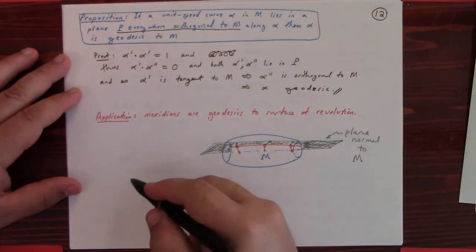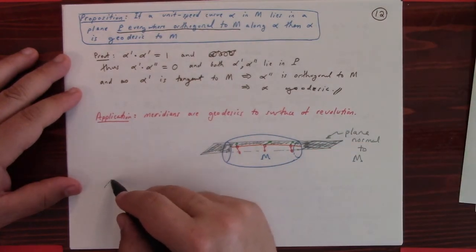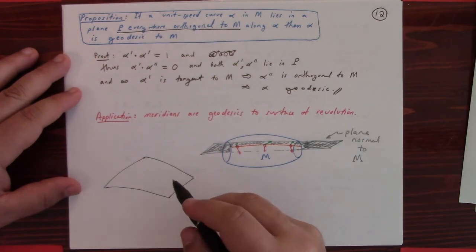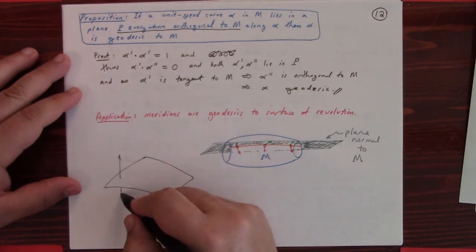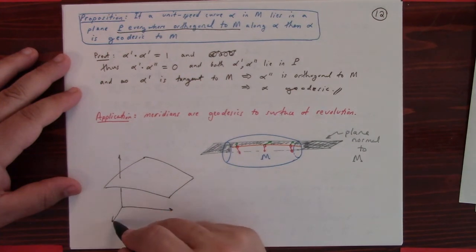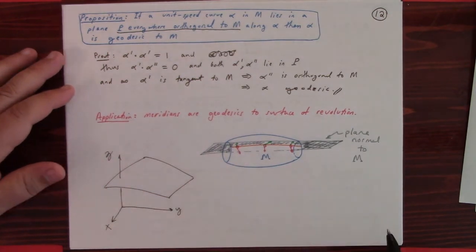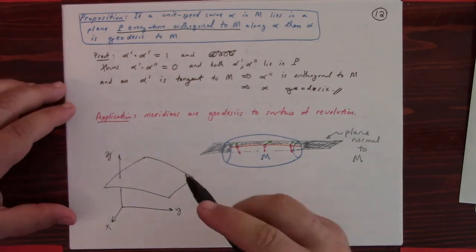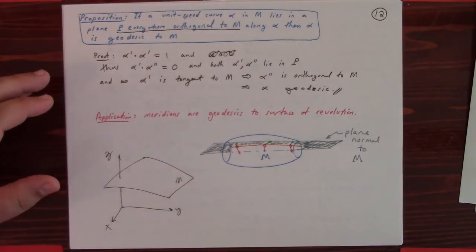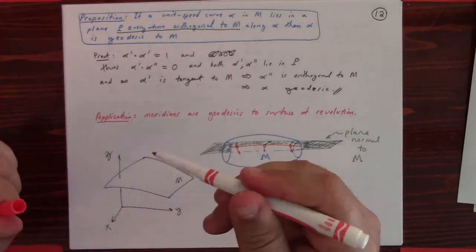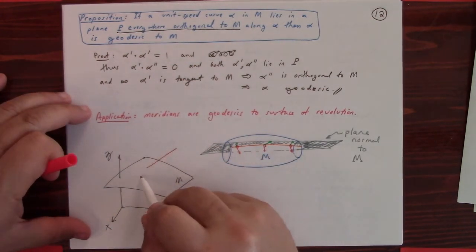So let me just foolishly attempt a picture down here. So here's my arbitrary surface, right? And so this is my M. And then I take any old plane, and maybe it's up here.